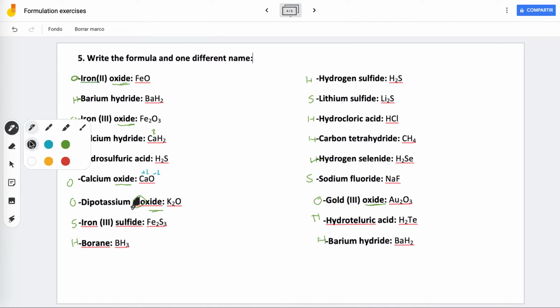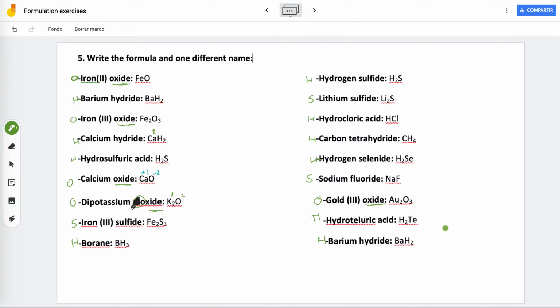Potassium has an oxidation number, because it's in the first column, of 1, and oxygen has an oxidation number of 2. Okay, so this 2 goes to the potassium, and this one goes here. We don't write it.